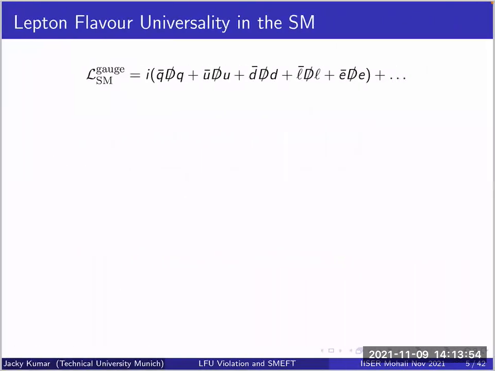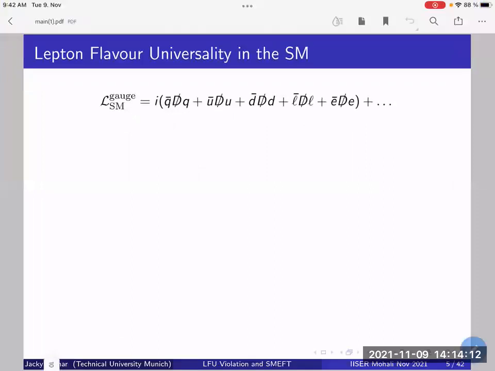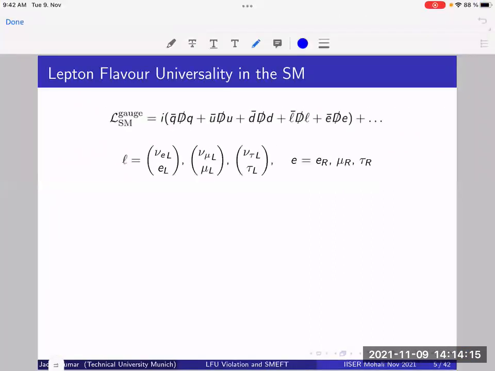So let us look at the lepton-flavour universality property in the standard model in a bit more detail. This is part of the gauge sector of the standard model. We have lepton doublets, which have three families: (nu_e, e), (nu_mu, mu), (nu_tau, tau). The left-handed fields transform as doublets under SU(2), and the right-handed fields transform as singlets.